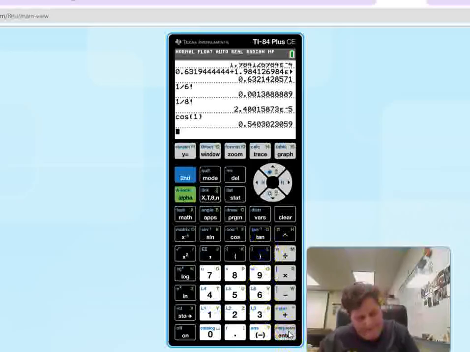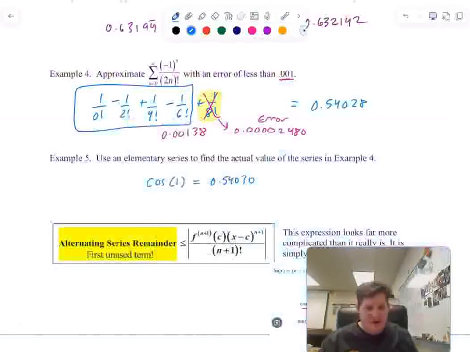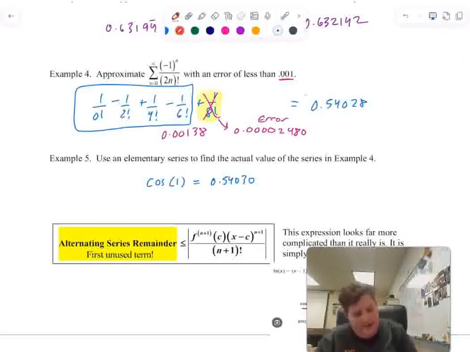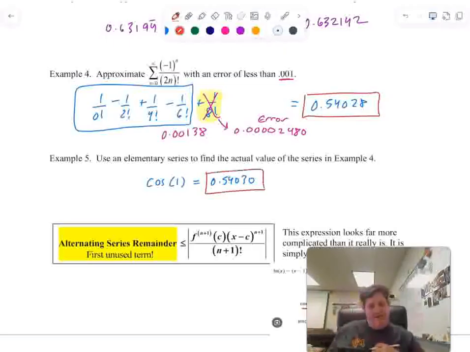Okay. 0.54030. Take a look at this approximation. That is a pretty killer approximation that we only had 4 terms for. And it definitely has an error of less than 1/1000. Okay, that's a very good approximation.